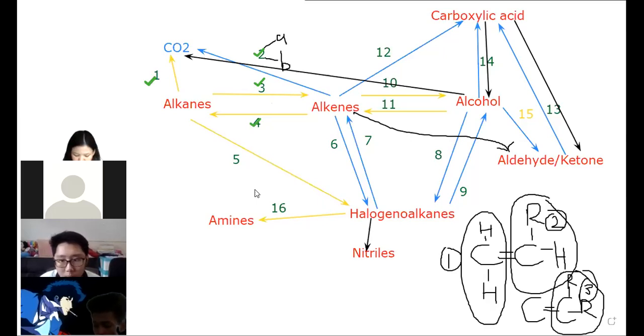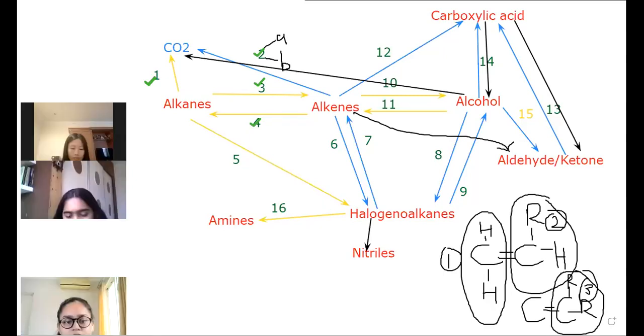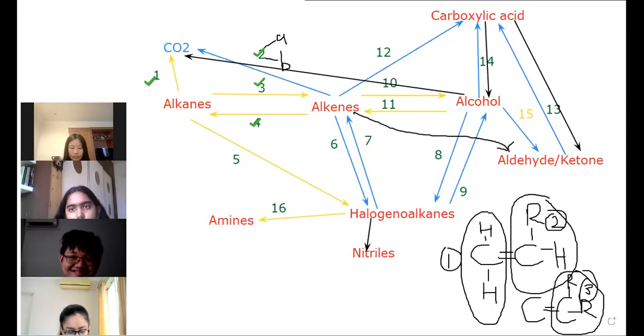Number 5, alkanes become halogenoalkanes. What is the name of the reaction? And there are 3 steps involved in the reaction. Let me ask Nathan Fee.